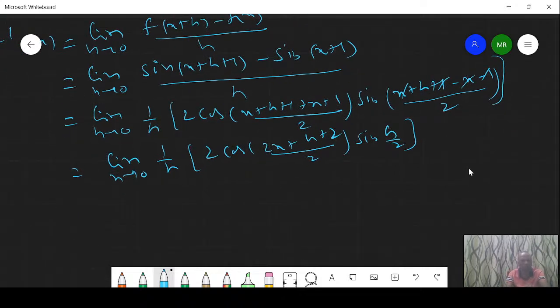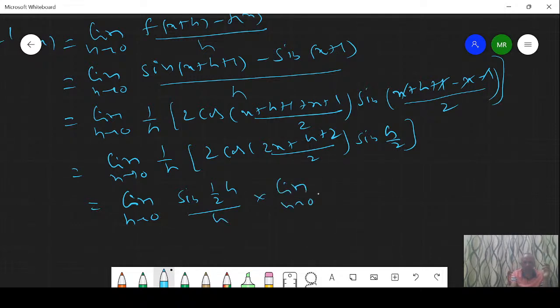But we know that, what can I do here? When you got like this, I can write limit h tends to 0, sin h by 2. I can write sin(h/2) by h, which is 1 by 2 into h by h, into limit h tends to 0 of 2 cos of (2x plus h plus 2) by 2.